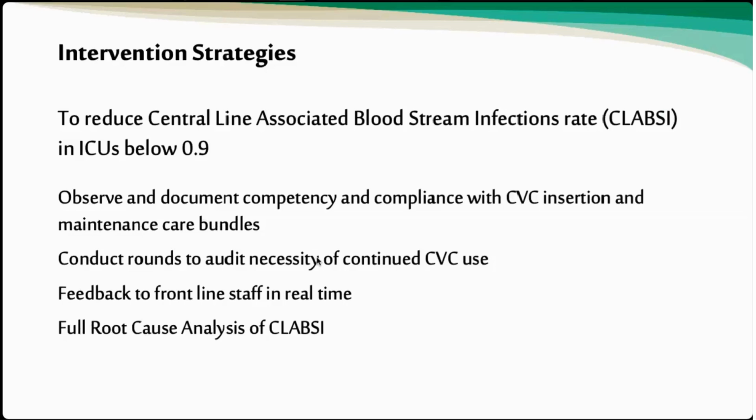It can be by observing and documenting competency and compliance with CLABSI insertion and maintenance care bundles, conducting rounds to audit the necessity of continuing central line use, giving feedback to frontline staff in real time, and doing a full root cause analysis in case of central line associated bloodstream infection.